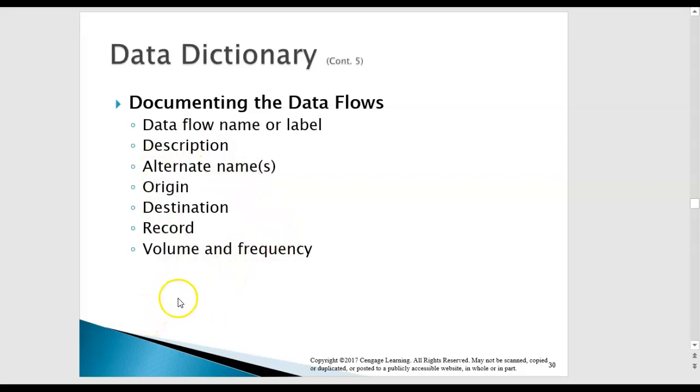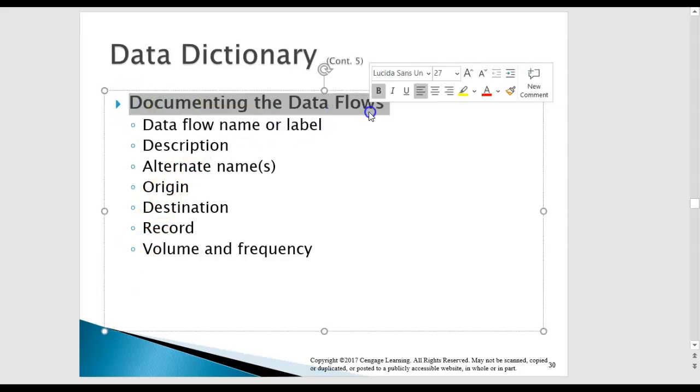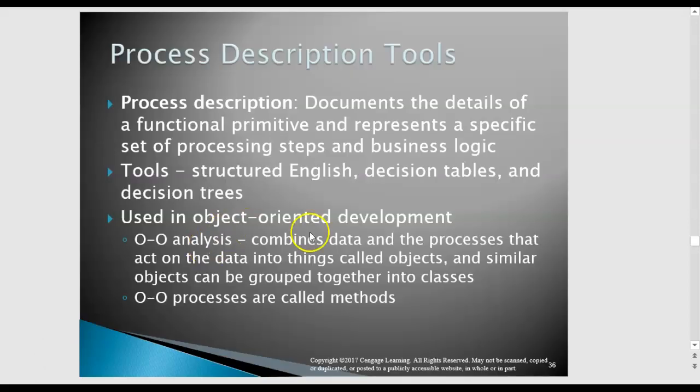You can also include information like when it was last edited, who was the person who last edited it, to provide even more information than what you have listed over here. So make sure that you go through the next few slides and read through all the different elements of documenting the data flows. Now coming to process description tools.